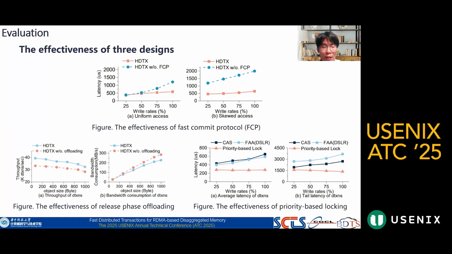HDTX can reduce the latency by combining more transaction processing phases in the proposed faster commit protocol, and can also significantly reduce the latency by scheduling transactions according to their latency requirements. So, HDTX is particularly efficient for transactions with high read-write conflicts and write-write log contentions, such as TPCC and small bank workloads.